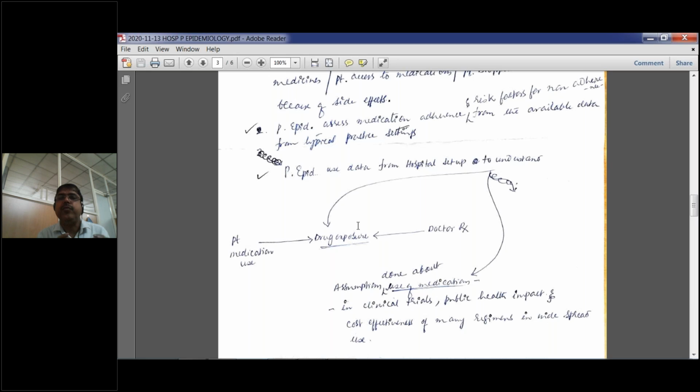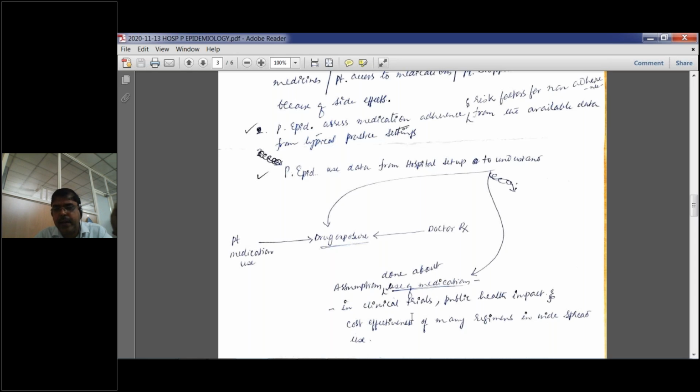So pharmacoepidemiology helps to understand drug exposure, number 1. The second thing is the use of medications. So 2 uses are possible: drug exposure and use of medication. When use of medication is happening, for what purpose?